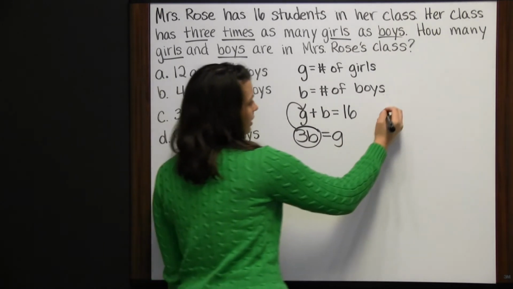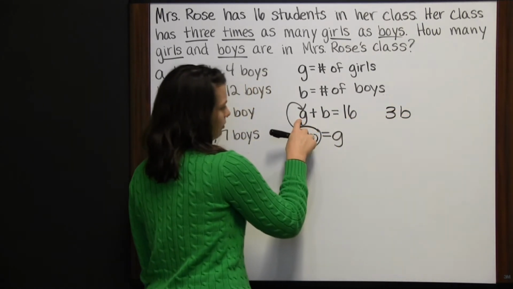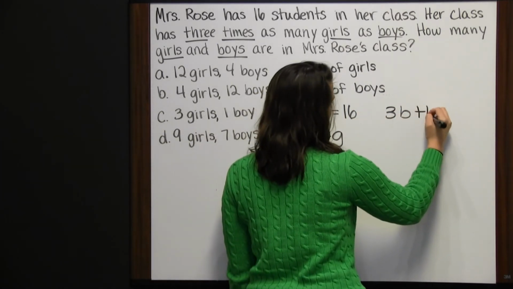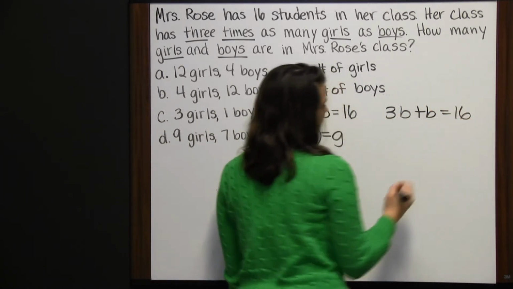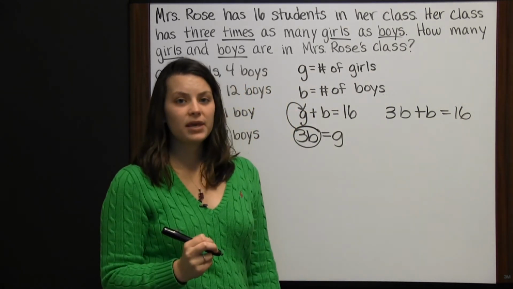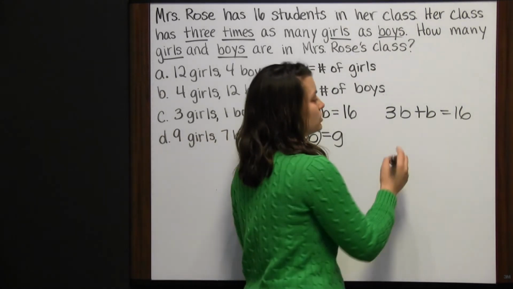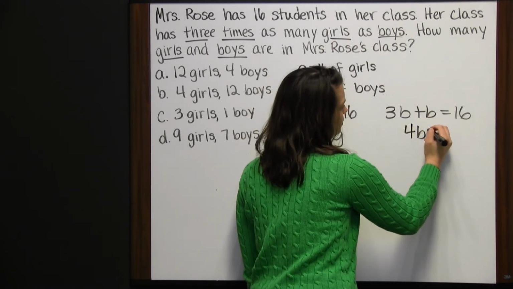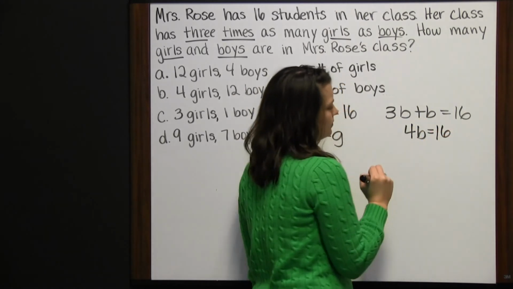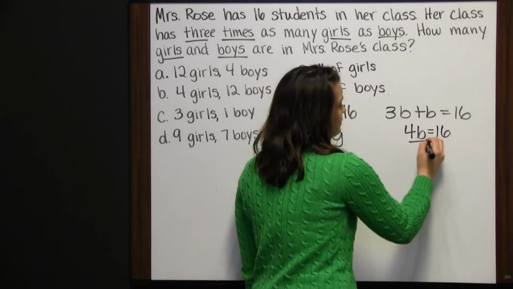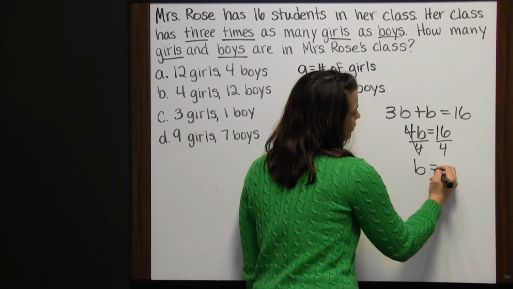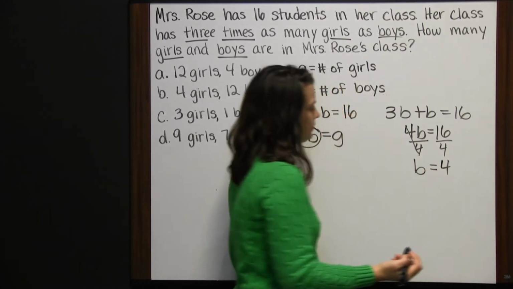So it will now be 3b, I replace g with 3b, plus b equals 16. To solve for b, we first need to combine like terms. 3b plus b is 4b, equals 16. Then we divide both sides by 4, and we find that the number of boys is 4.